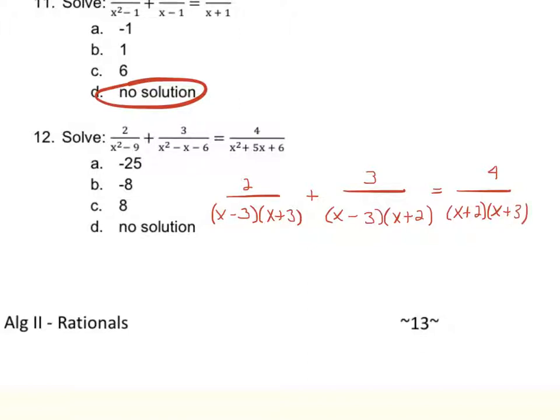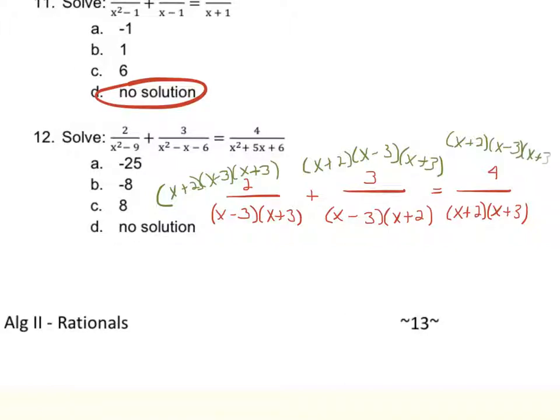And now let's multiply everything times an x plus 2, an x minus 3, and an x plus 3. We're going to take that times everything. So let's put it by each numerator. Let's cancel before we multiply.